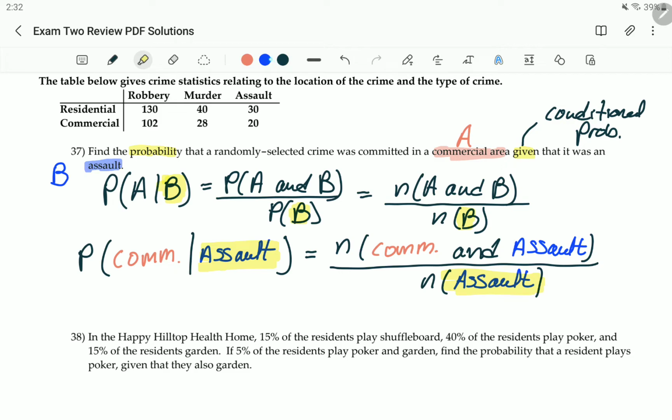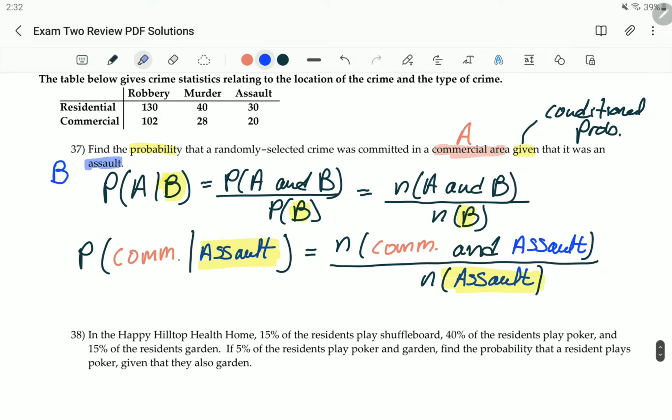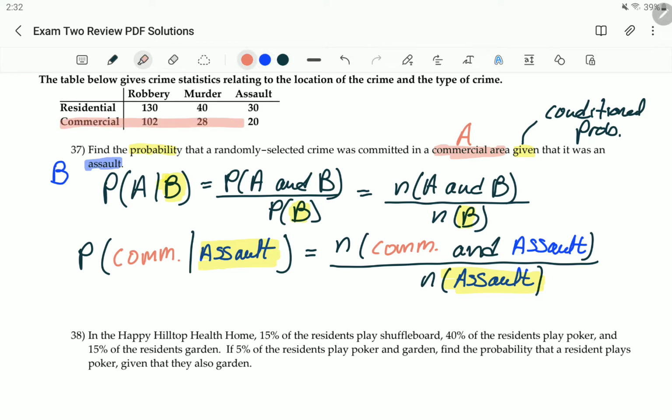All right, let's answer the questions. For the top, it has to be a commercial area and assault. Remember, and is the overlap between the categories. So my commercial area is right here. My assault is right here.